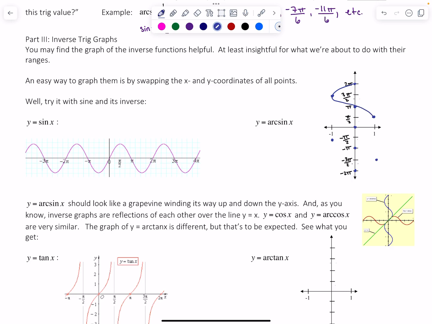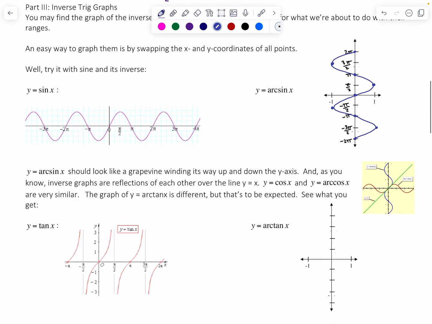So it snakes its way through here. Oops, sorry, my Apple Pencil is not, there we go. We'll start over again here. It just snakes its way up and down that y-axis.